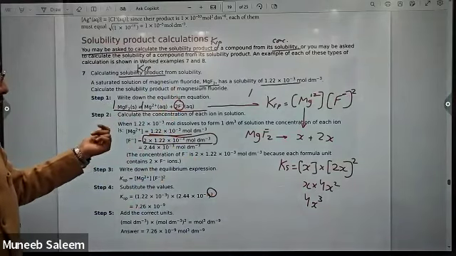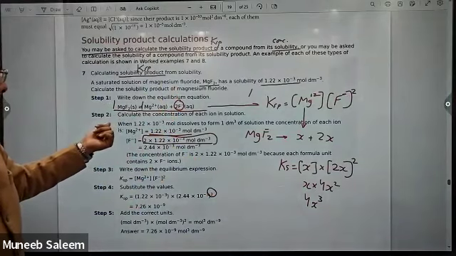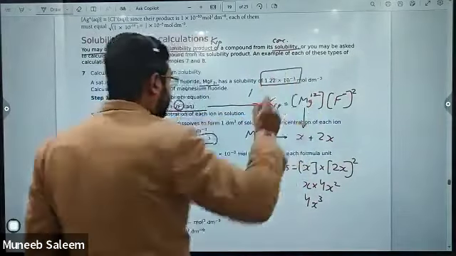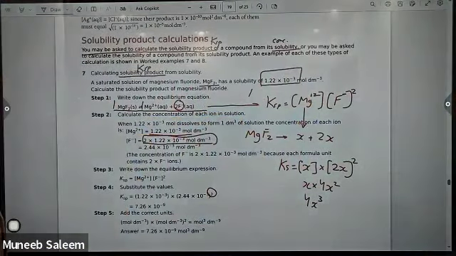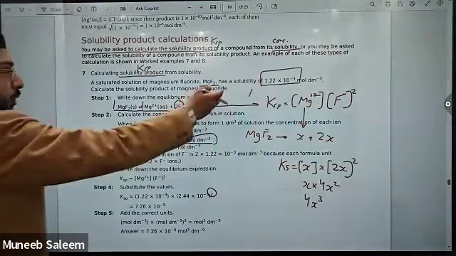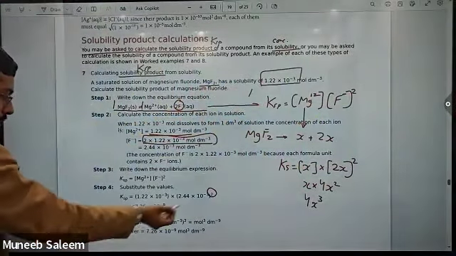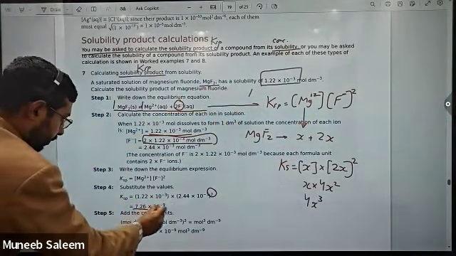We took this amount of the MgF2. We had this solubility of the magnesium or the fluoride. Anyways, substituting the values, you get this answer.